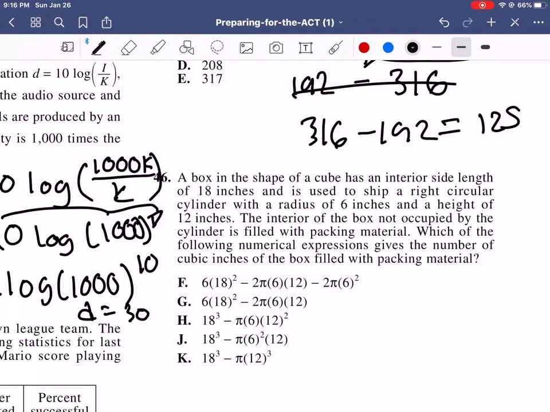A box in the shape of a cube has an interior side length of 18 inches and is used to ship a right circular cylinder, and so on. So basically you're getting the volume of a box and subtracting from it the volume of a cylinder.